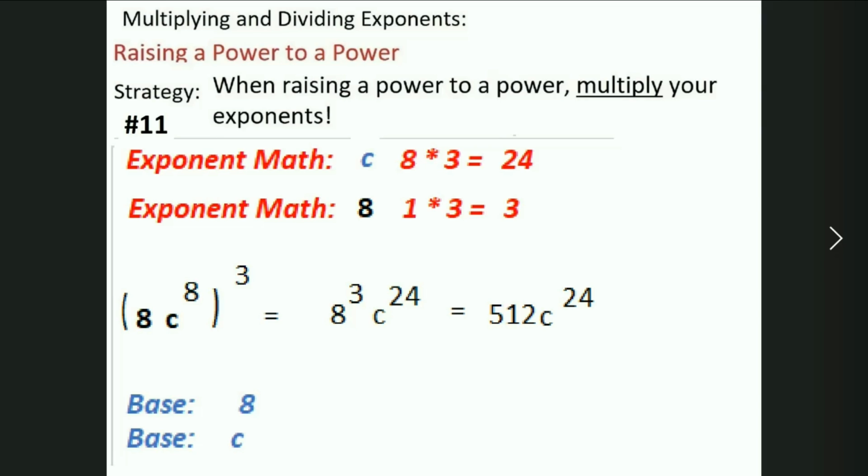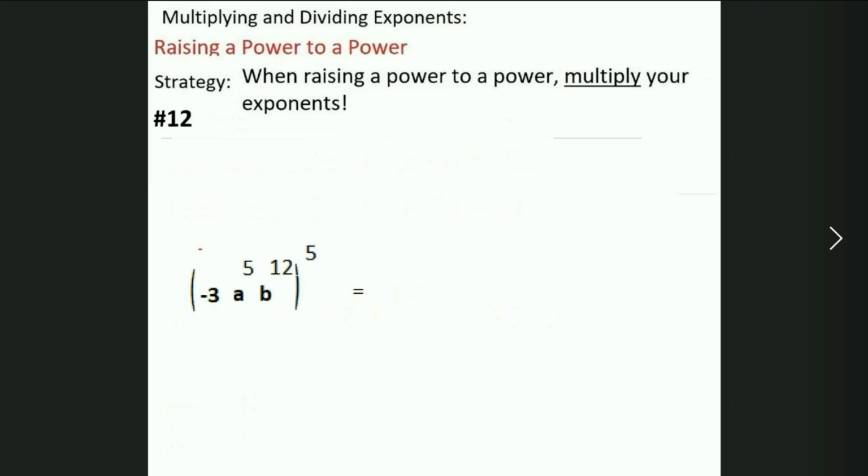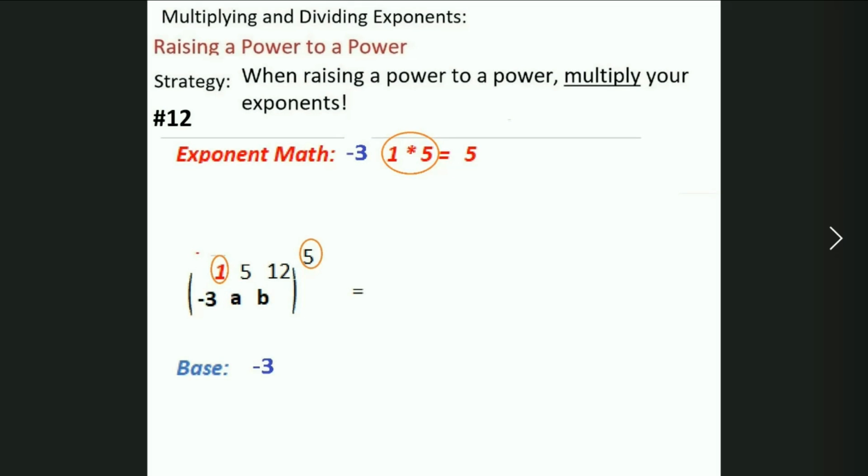All right, going on to the next one. Now this is number 12, and with number 12 we have a numerical base and we have 2 variables, both raised to a power. We're handling this step by step in the same way. So let's go for it. Looking at -3, that's our first base we're going to examine, and that -3 has that invisible 1 there.